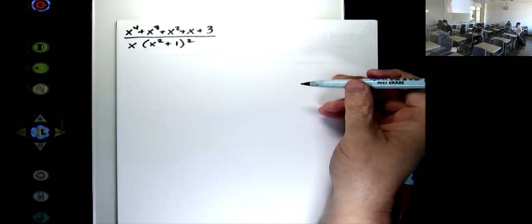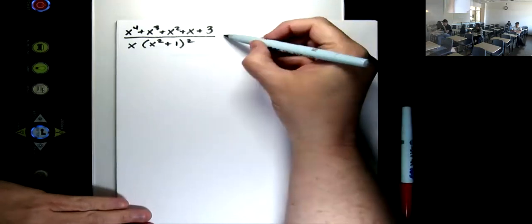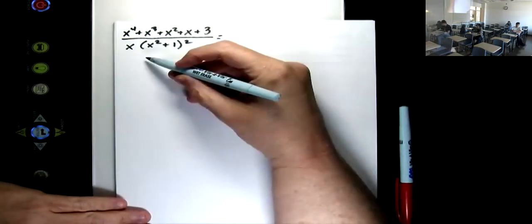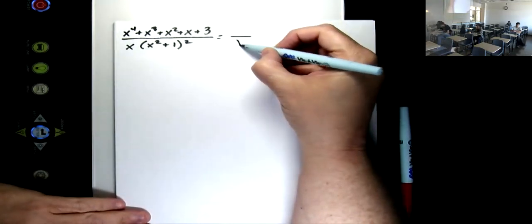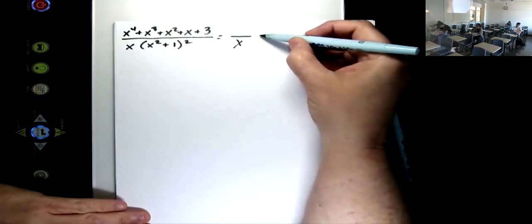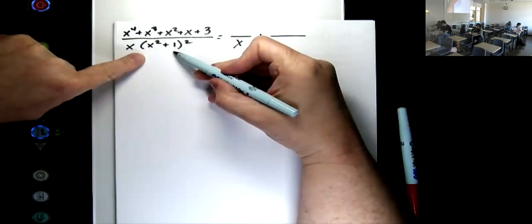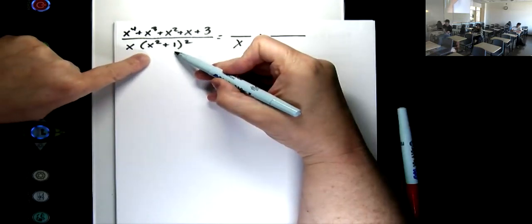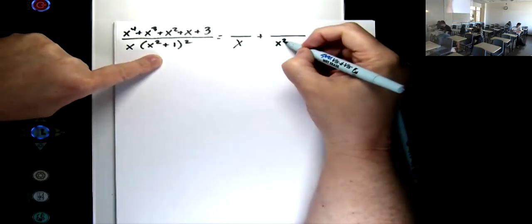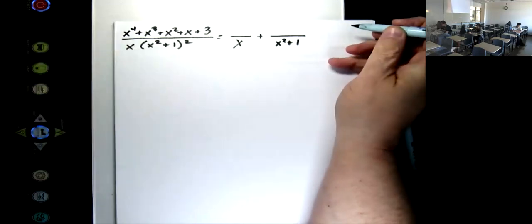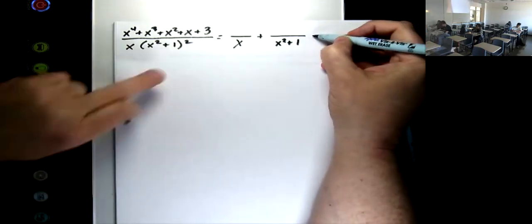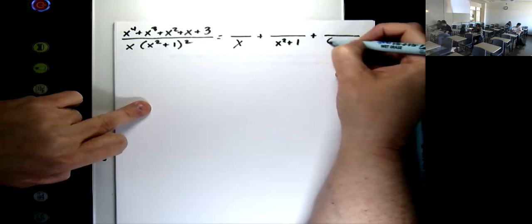But we can at least show the setup. The setup is the hardest part. I should have something that has an x on the bottom. I should have something that has an x squared plus 1 on the bottom. And since it's squared, I should have another one, x squared plus 1 squared.